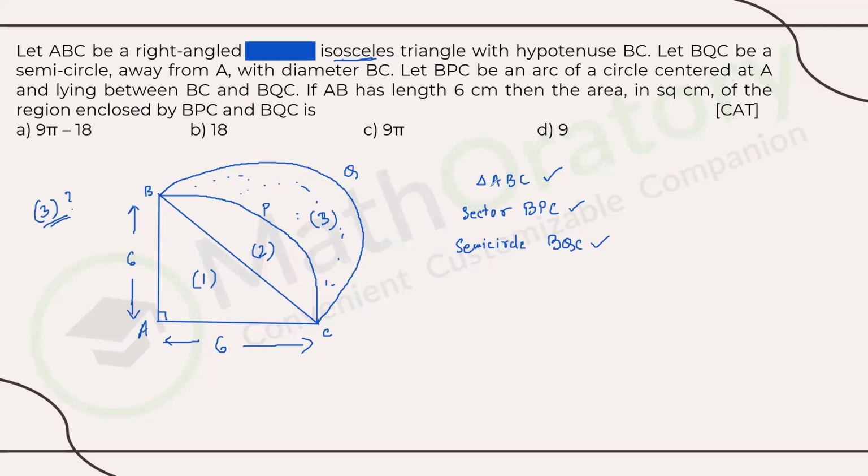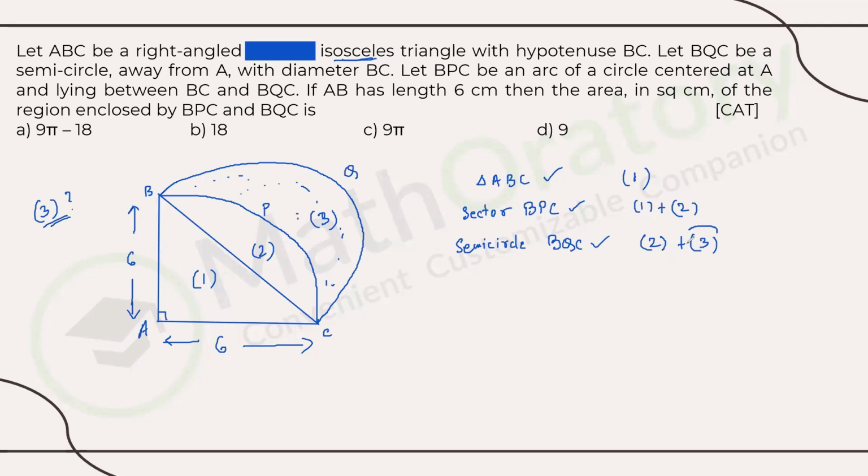So for example, this triangle ABC is simply this region 1, only region 1. Now the sector BPC is a combination of 1 and 2. And the semicircle BQC is a combination of 2 and 3. Correct. So here, if you think about this, what is the requirement?